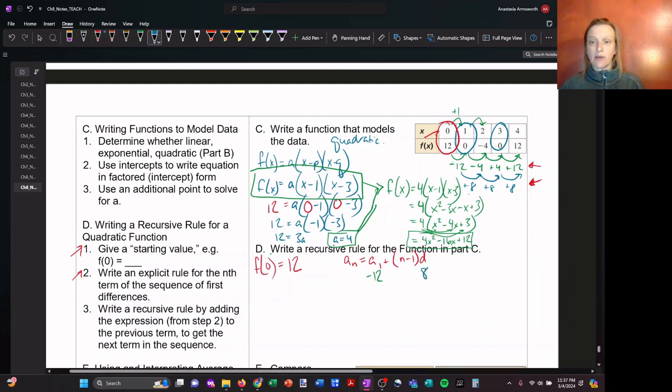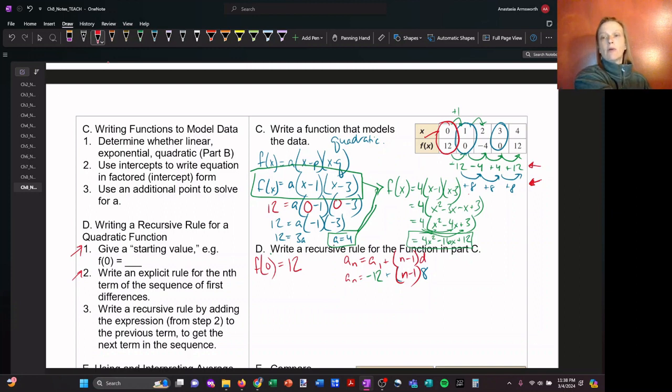And so I can leave the rest of the function as is. Oops, I was going to write that in red. N minus 1 times the 8, and I can leave this here as well. So I have now written an explicit arithmetic rule for getting the next term in the sequence. I am going to simplify this a bit so I don't have parentheses anymore.